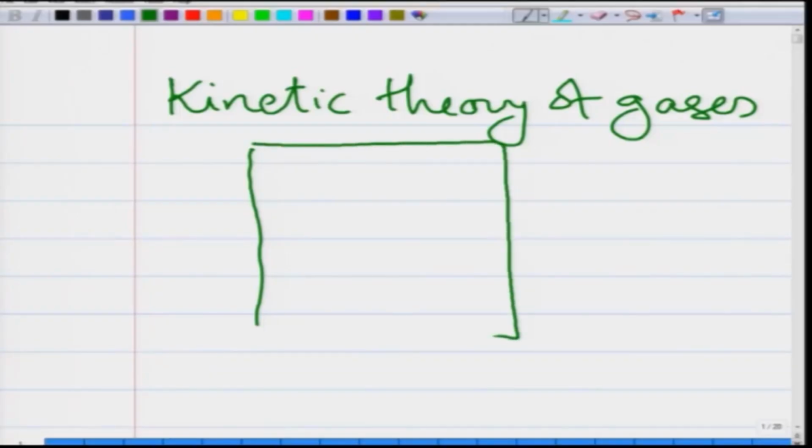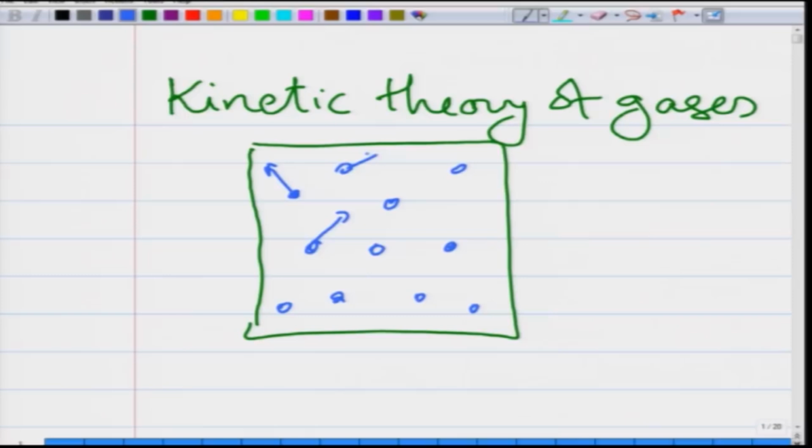So, what is the kinetic theory of gases? Let us recall some of the initial ideas associated with the kinetic theory of gases. In the kinetic theory of gases, you have a container inside which you have hard sphere like particles which are moving around randomly.